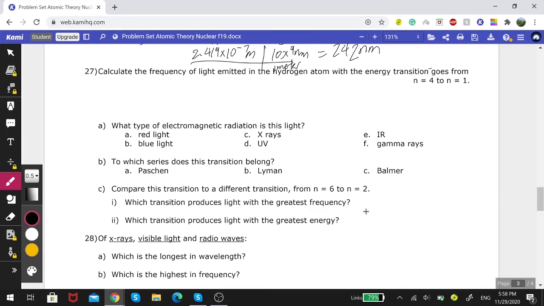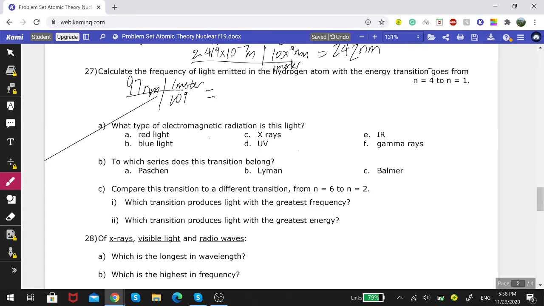Frequency times wavelength is equal to... I found the wavelength already, 97 nanometers. Oh, I need to convert it to meters first. So 1 meter contains 10 to the 9th nanometers, which means 97 divided by that is 9.7 times 10 to the negative 8th.